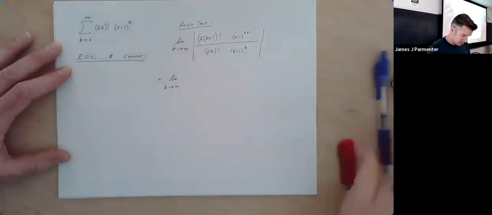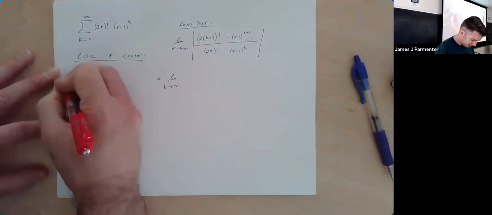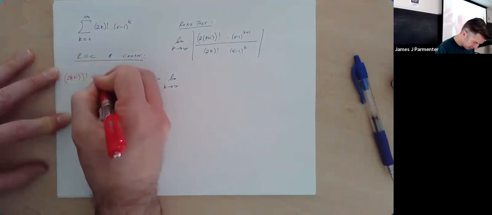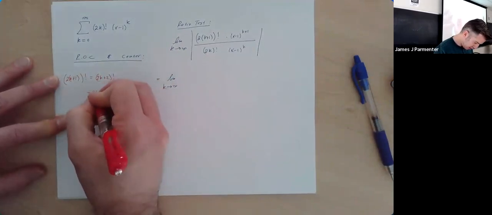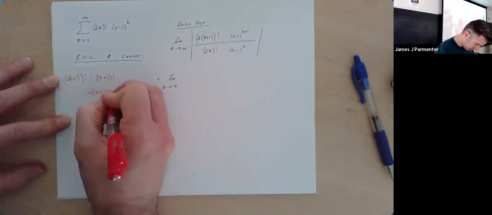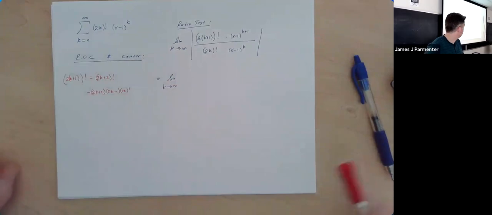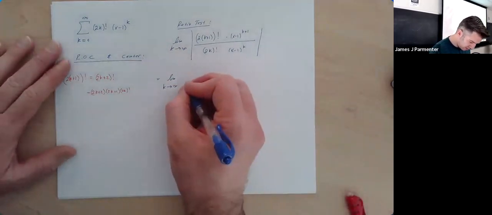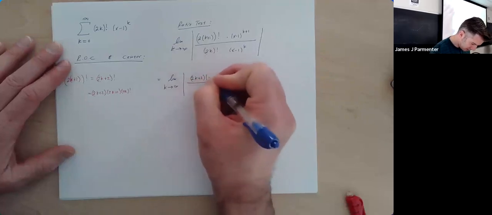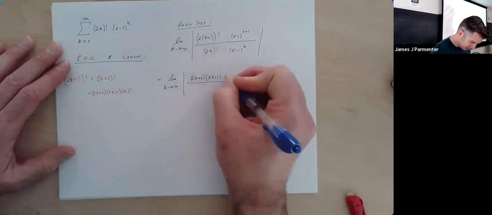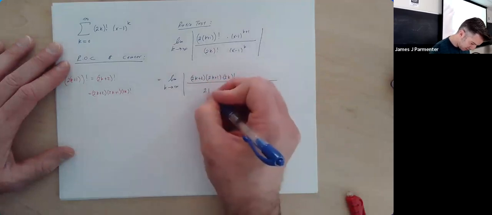Just as a reminder, 2 times k plus 1 factorial is 2k plus 2 factorial, which is 2k plus 2 times 2k plus 1 times 2k factorial. So in my fraction, I've got on top 2k plus 2 times 2k plus 1 times 2k factorial, over 2k factorial.